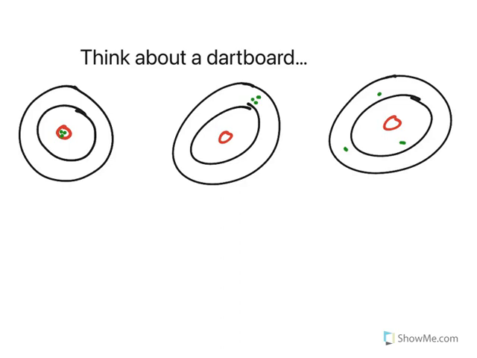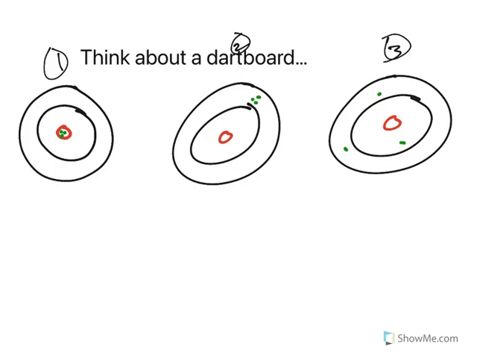Now to show the difference between precise and accurate, let's think about a dartboard. A dartboard is circular, and on the inside we have the red bullseye. On each of these three dartboards, we have 1, 2, 3, each with 3 dots that show where the darts hit.